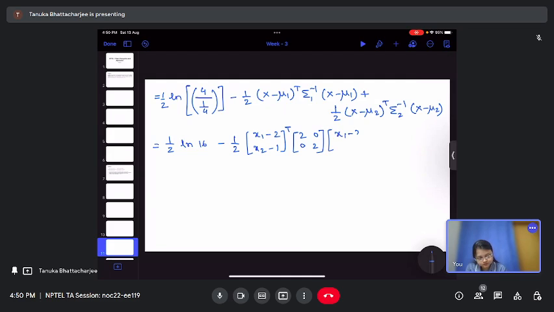Again x1 minus 2, x2 minus 1 plus, similarly for the other term. Here sigma 2 was 2 0 0 2, so its inverse will be half 0 0 half.